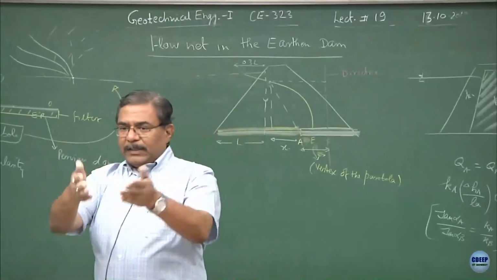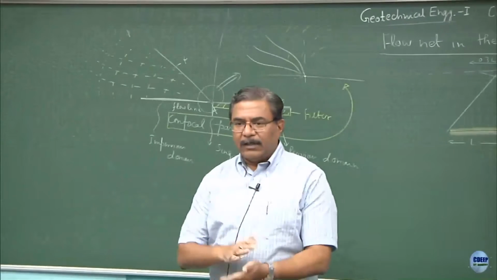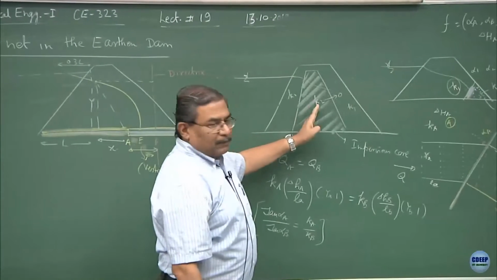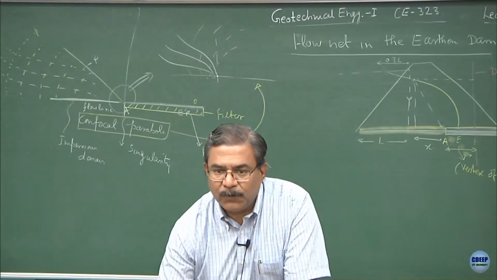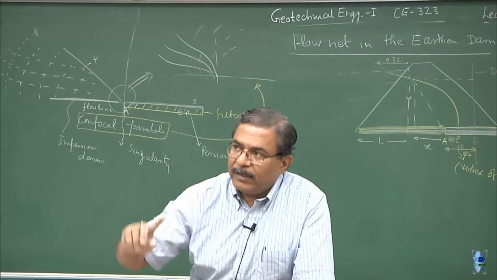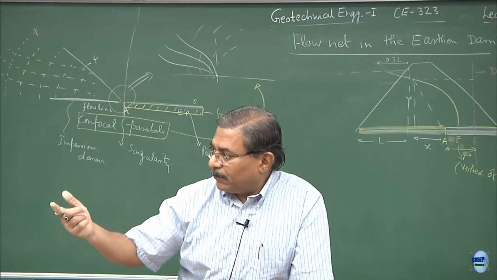So, coming back to this situation, what we have been talking about, I think I have given you the basics and you can extend them to this situation. K1, K2 permeability contrast, we have zone 1, zone 2. What I have done is zone 2 you have to go for equivalent permeability transformation.